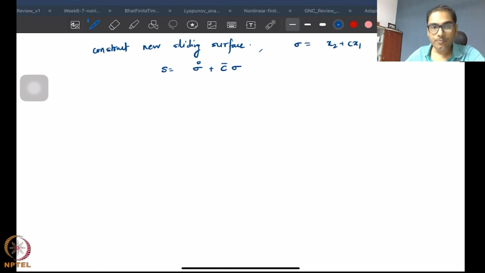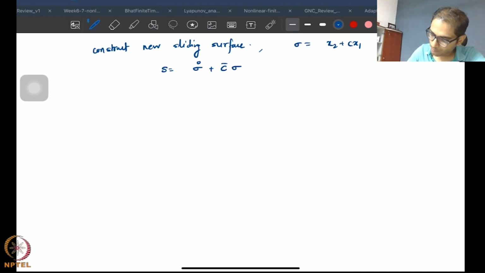Okay, and now you notice that our new sliding surface has been constructed using sigma itself, no longer using x1 and x2 but directly using sigma. Yeah, and you still see that this will now start to contain the derivatives and the disturbance itself, right, because sigma dot will contain the disturbance. Yeah, so that's the interesting thing. Now the sliding surface itself starts to contain the disturbance terms.